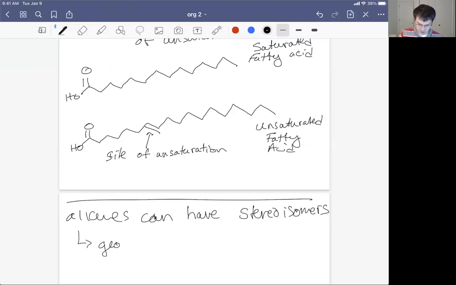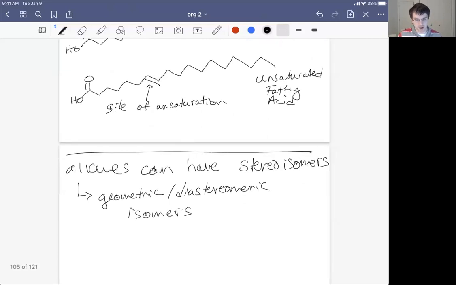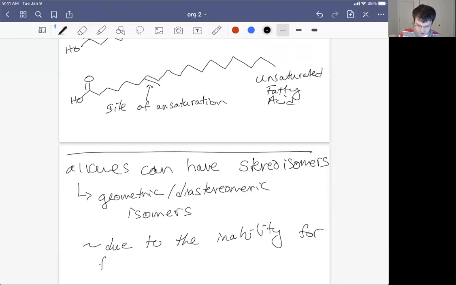So I'm going to write geometric / diastereomeric. So instead of diastereomeric isomer, you might just say diastereomer, for example. But either way, we can have geometric isomers or diastereomers. This is all due to the inability for free rotation across the carbon-carbon double bond.